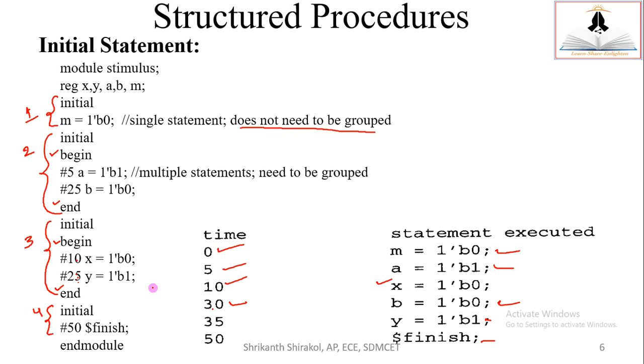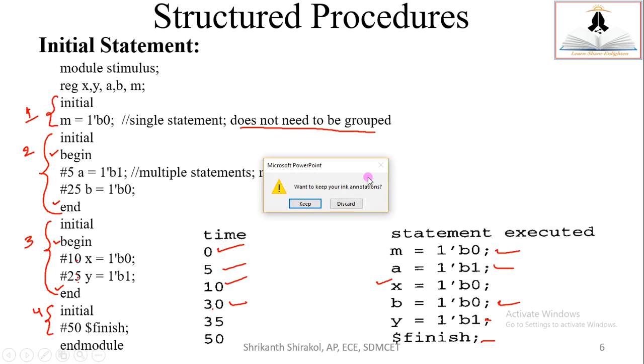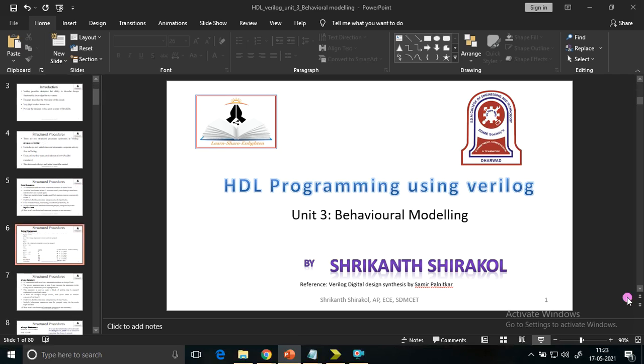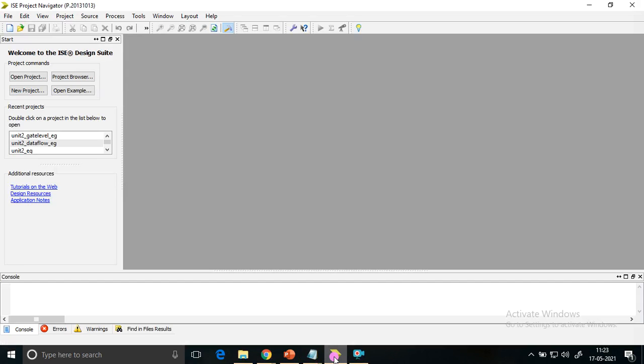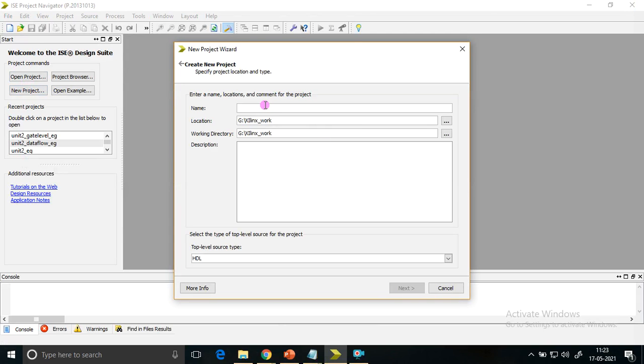Let us just take this code into the Xilinx simulator and check it. So I have opened a Xilinx simulator. I hope all of you are there. Okay, new project. In this new project, I'll give the name as Unit 3 examples of class lecture 1.